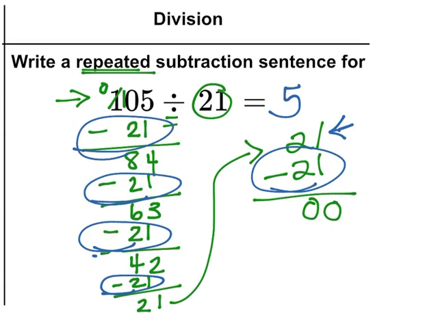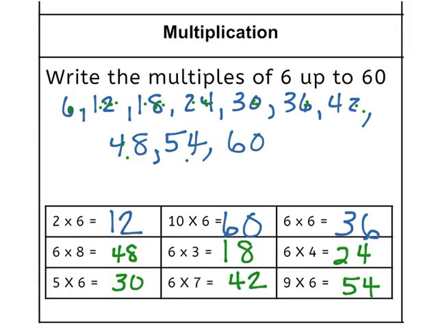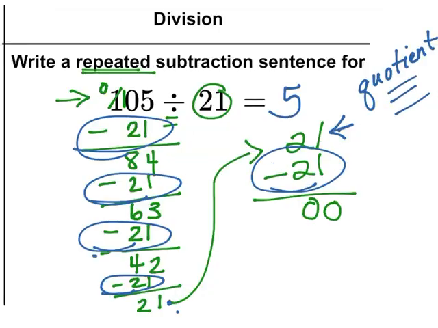Well, hopefully you said, because I didn't subtract 21 there, that 21 was just my difference when I went 42 minus 21. Okay? And the answer to a division problem is called a quotient. And you know what? I forgot to say that in my multiplication. The answer to a multiplication problem is called a product. Sorry about that.